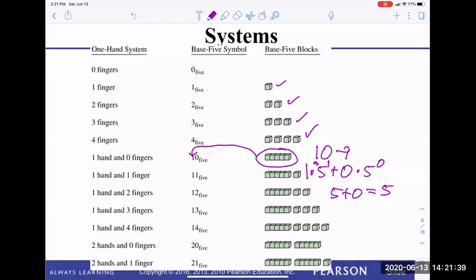Notice again, we're in the units place. As soon as we get a collection of 5 in the units place, that 5 gets moved to the next place value. So this is 2, 0 base 5, which happens to be equal to 10 in base 10.